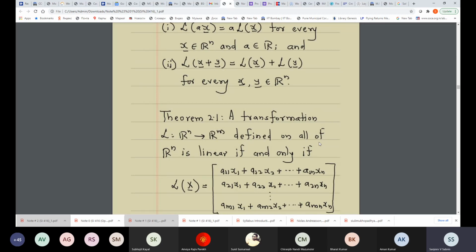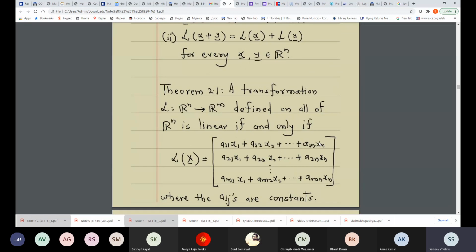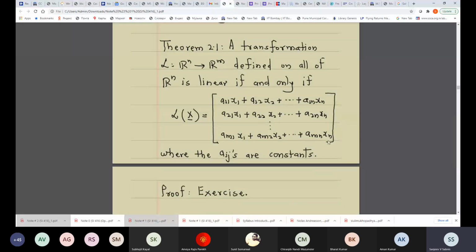So a transformation L from Rn to Rm defined on all of Rn is linear if and only if Lx can be represented in this manner.